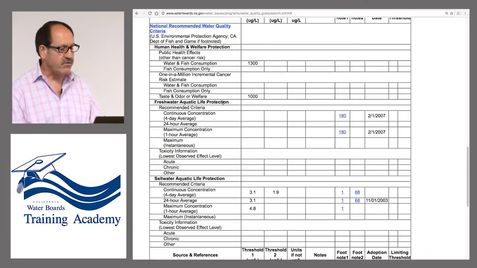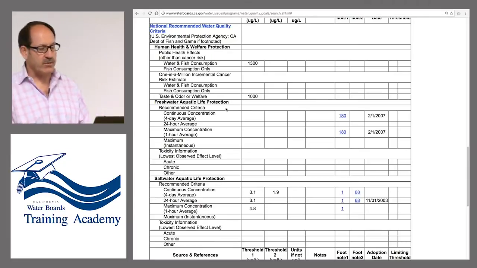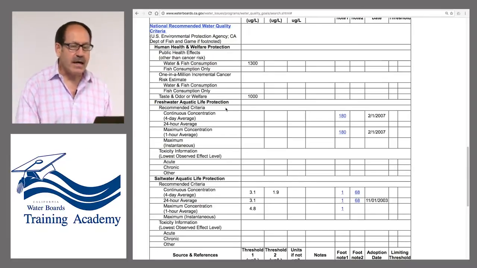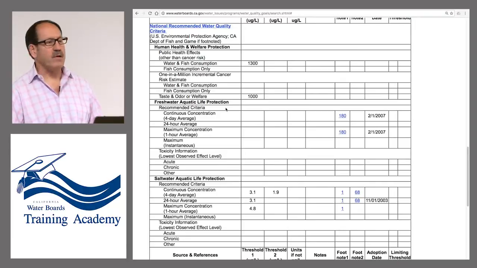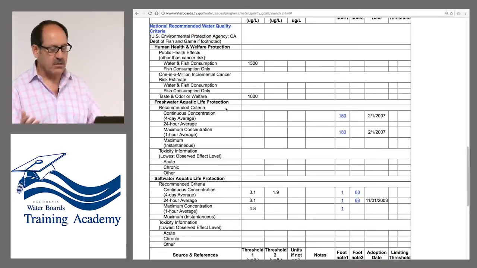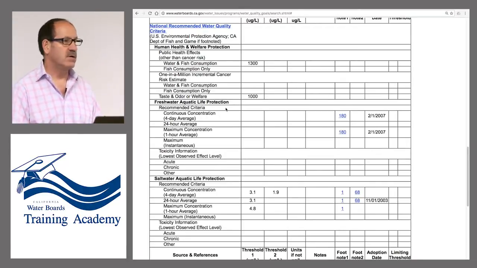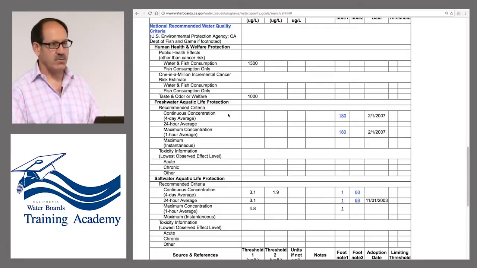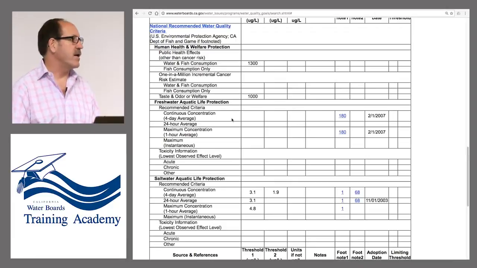In the case of the freshwater aquatic life protective criteria for copper, EPA has now come up with something more complicated than just a comparison with hardness. There are a number of factors in water that can affect the toxicity of copper and other metals, not just hardness.